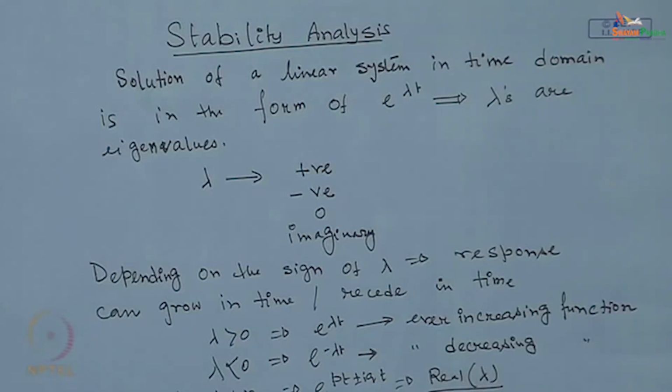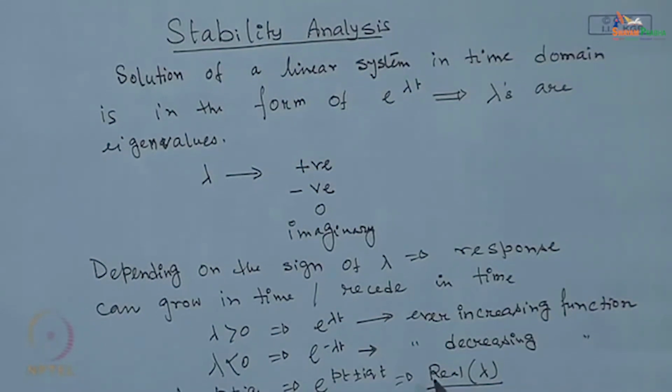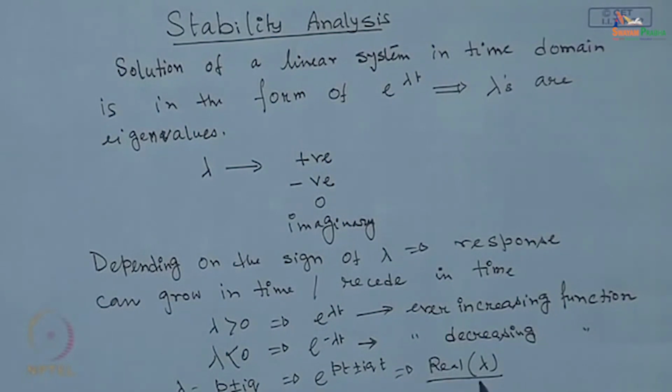If this real part is negative, then the disturbance will die down or decay in time. Now, this will be extremely important as far as the stability of the system is concerned: if you impart a disturbance in the system and the response grows in time, then we are basically landing up in a system which is not stable. On the other hand, if the response decays with time, then we will be landing up in a system which will be stable. So, the aim will be to have a stable region.